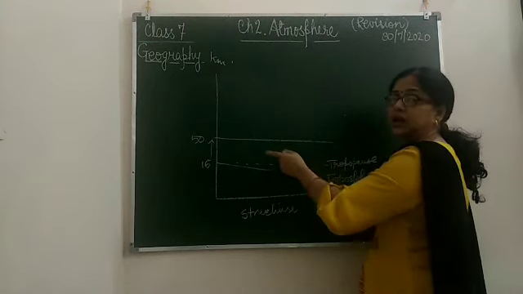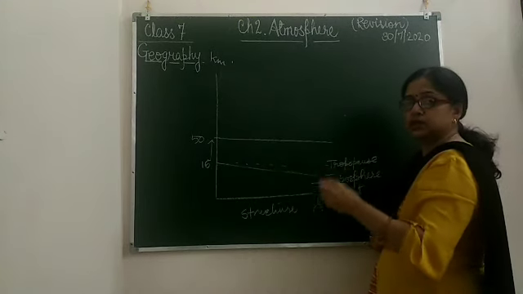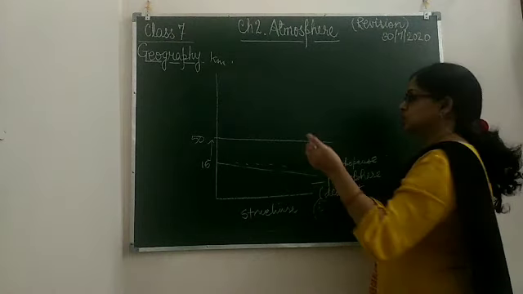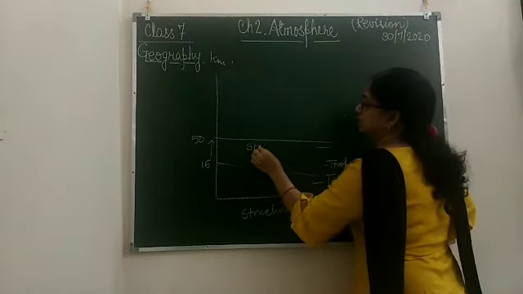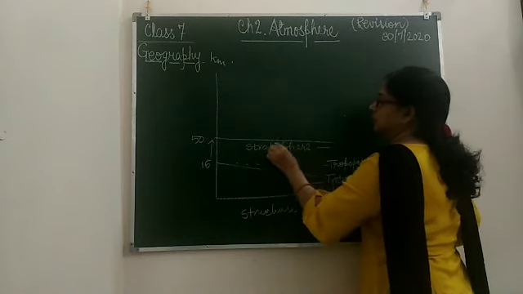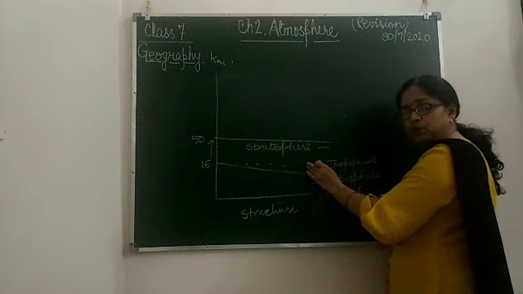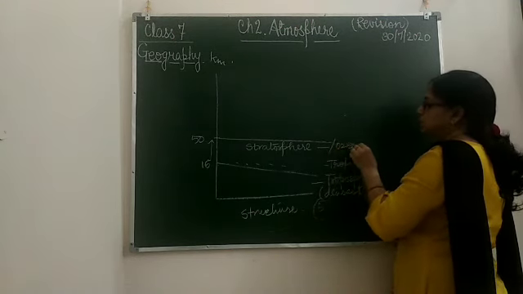There is a layer of ozone gas. Therefore, it is often called ozonosphere. This is the second layer, stratosphere, and because of the presence of ozone gas, it is also called ozonosphere.